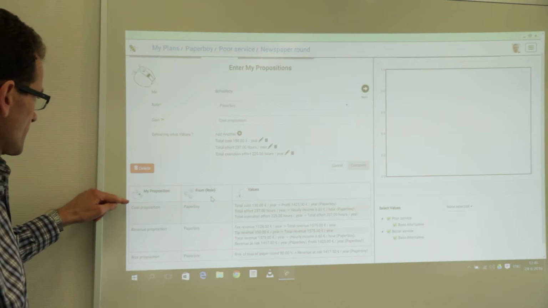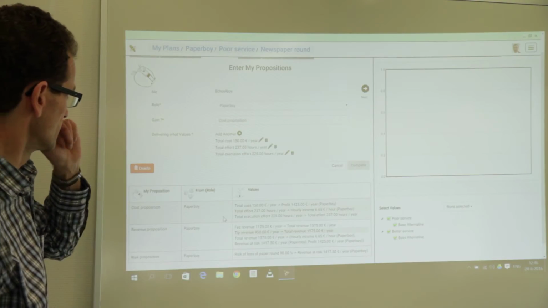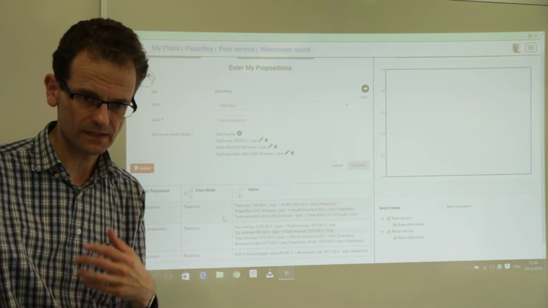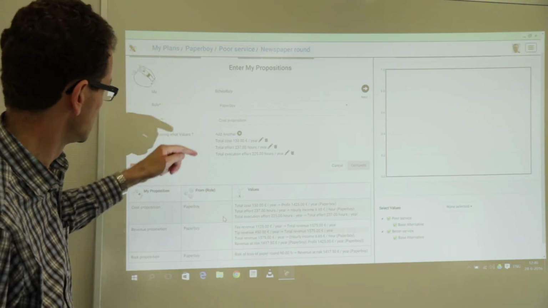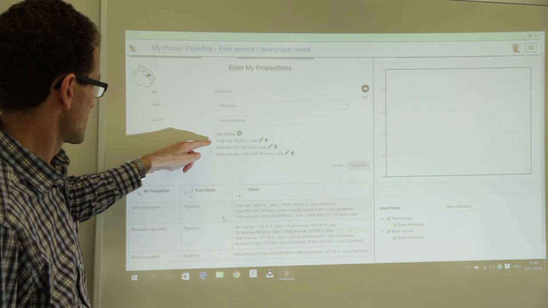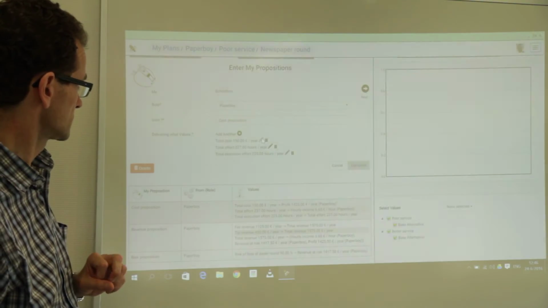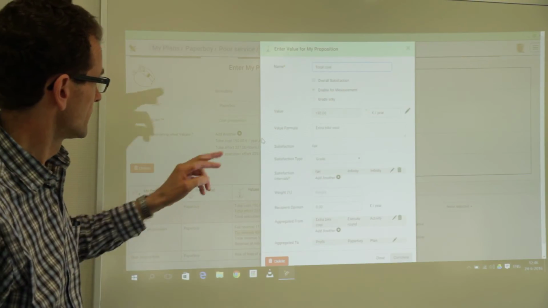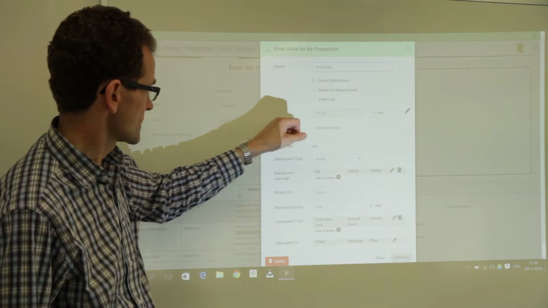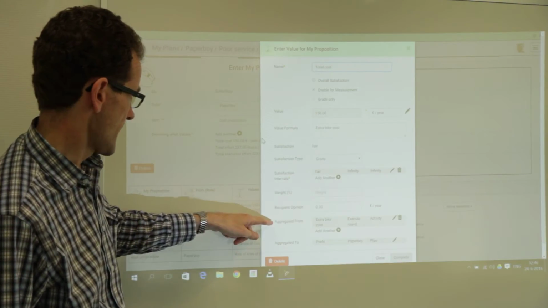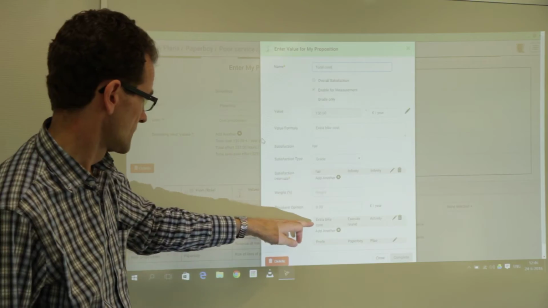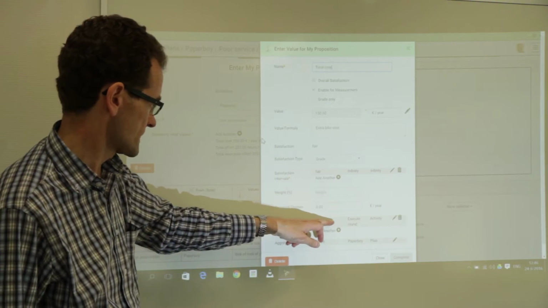Now one more, cost proposition. Here is something more special. So this is the cost aspect of the value that is captured by the paperboy. Let's look into total cost, for instance. Click on this one. Okay, total cost. It's measured here, and it is aggregated also from, we call it here, extra byte cost.